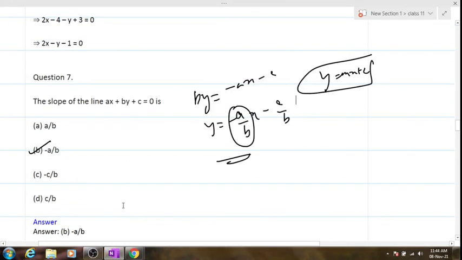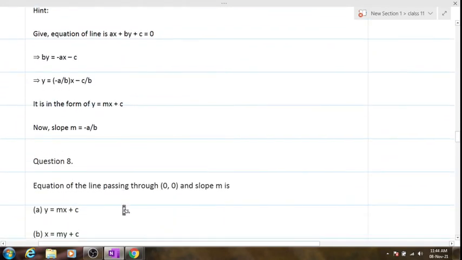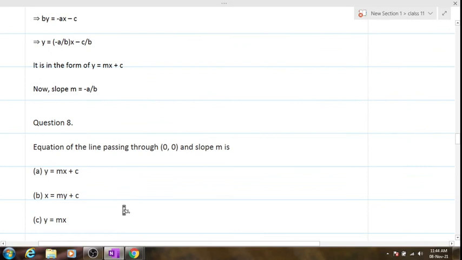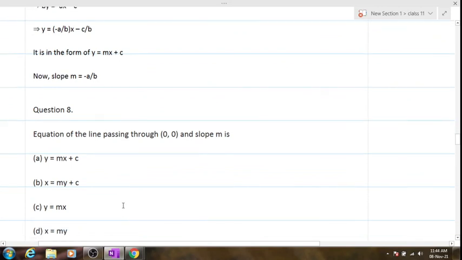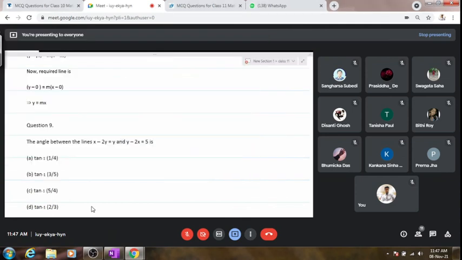Moving on to our question number 8. Equation of the line passing through the point 0, 0 and the slope is m. We'll move on to question number 9.